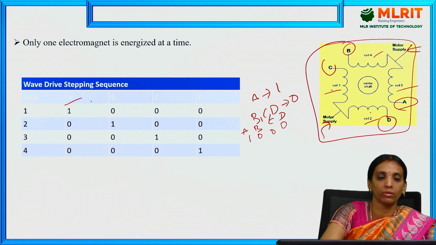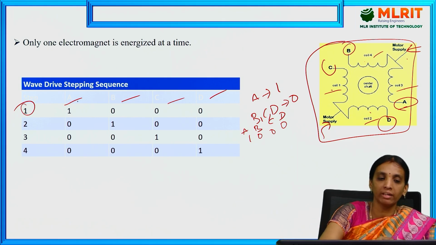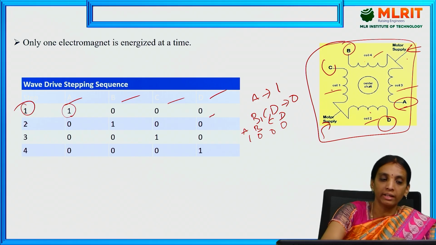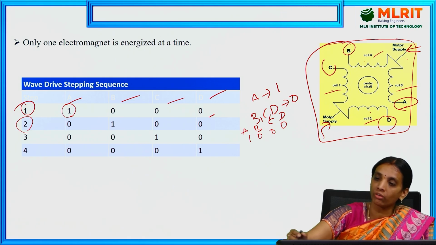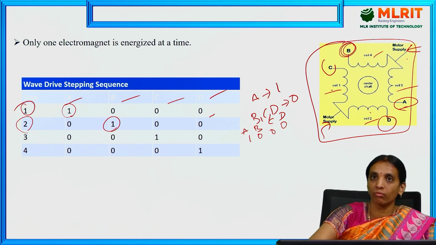So for step 1, we are providing the electrical energy to A winding, and the remaining will be 0. And in step 3, we are providing the electrical energy to only B winding. Then only winding B goes to logic level 1 and the remaining will be 0.